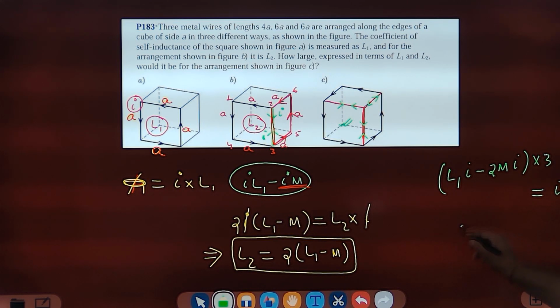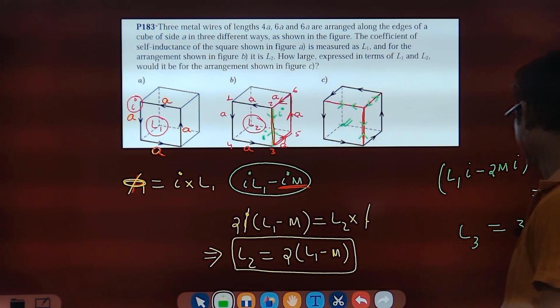So, from this you see what we got, L3 equal to 3 times L1 minus 2M.